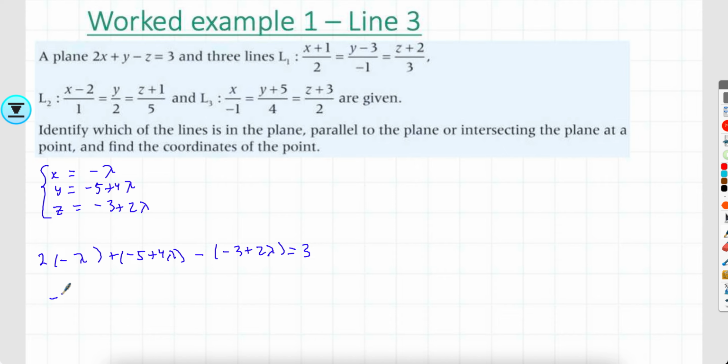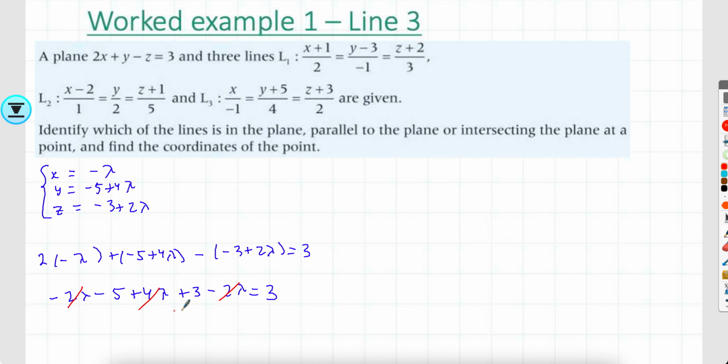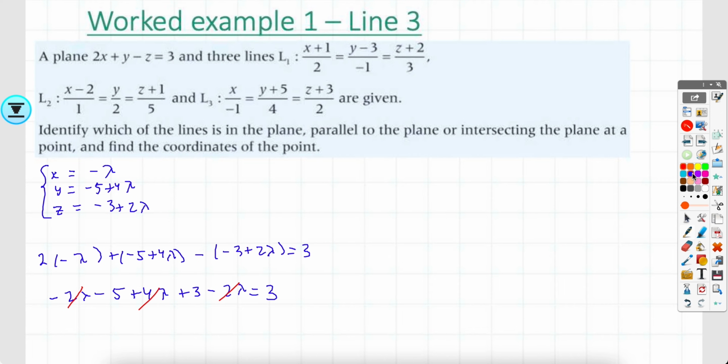Expanding all of that, we end up with a similar situation to the first line. You'll notice your lambda cancelling out, which means we're either parallel or on the plane.